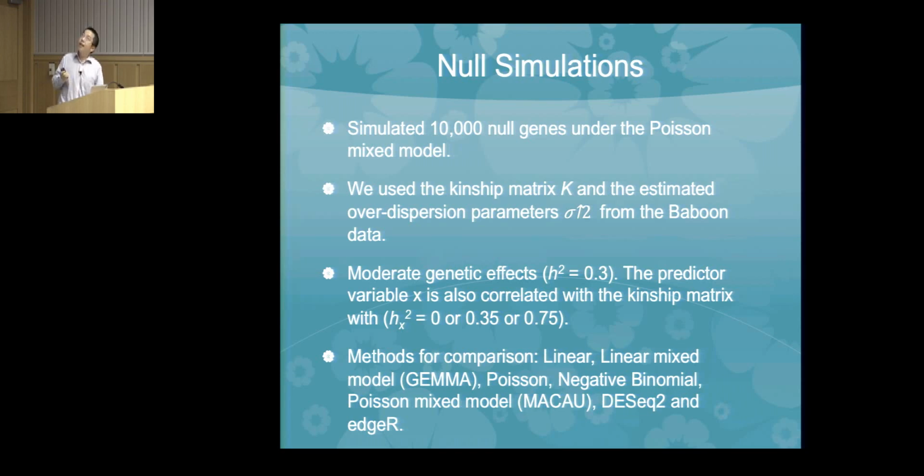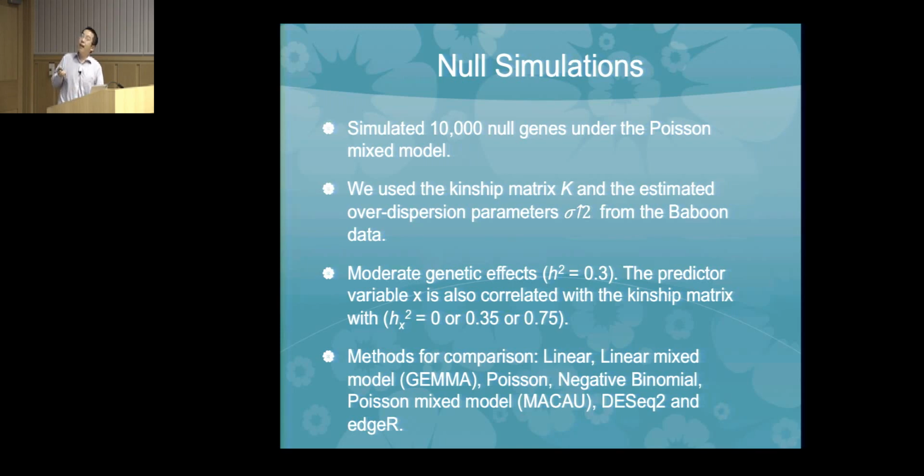We simulated 10,000 genes, and we also extracted the kinship matrix from a baboon data set, which I describe later on. This is RNA sequencing data from a wild baboon population, and that consists of 63 baboon individuals. So this kinship matrix is a 63 by 63 matrix.